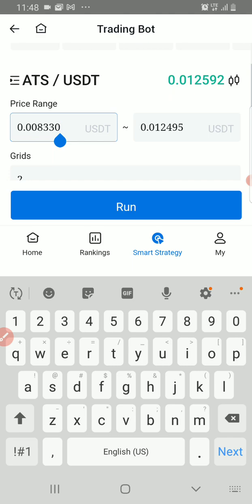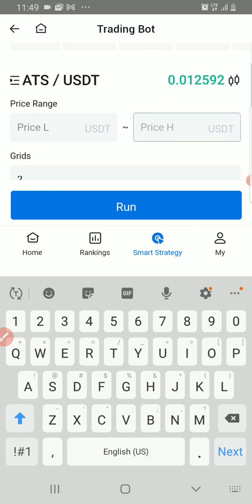So you can say the limit should be the lower low, and then the maximum should be the higher high. This is the limit price, and this is the maximum price, the higher price.